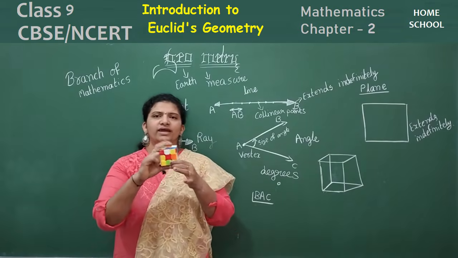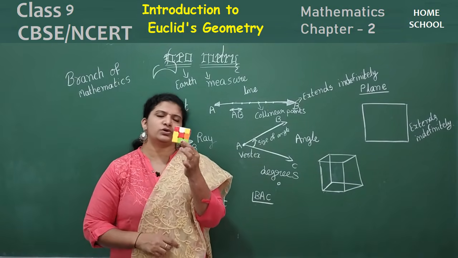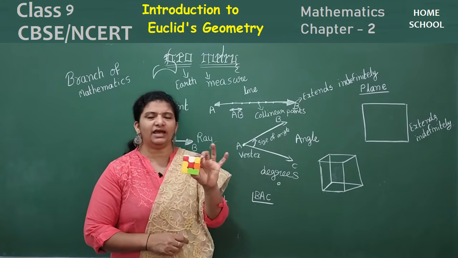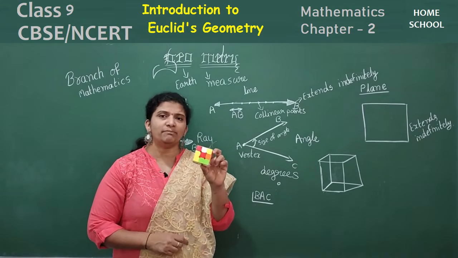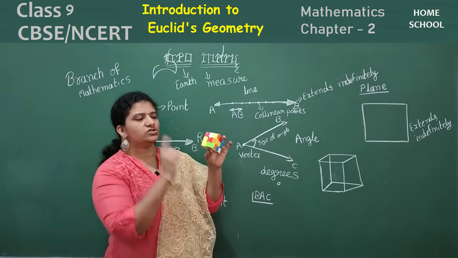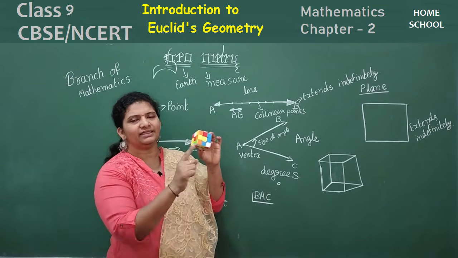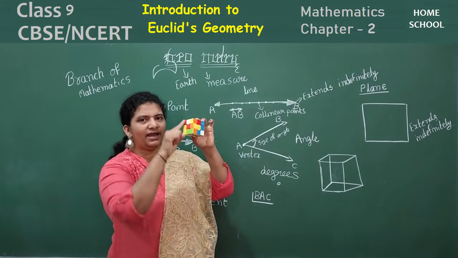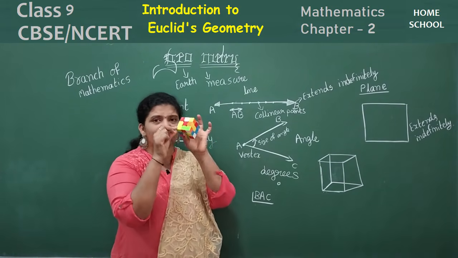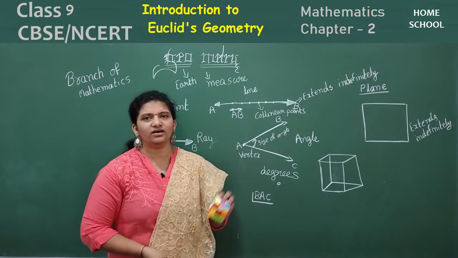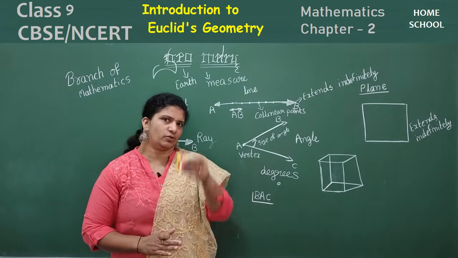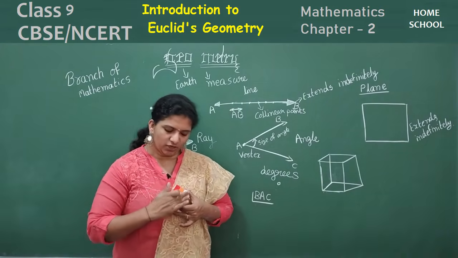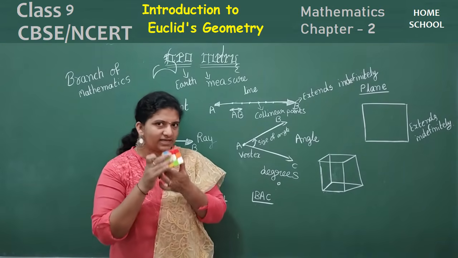Now you can see here, children, this is a Rubik's cube. So what is this cube here? It is three-dimensional. This is an example for three-dimensional. How can you say so? Length, breadth and height. It is a three-dimensional figure. Part of a plane: in this cube, look here, only this, you can see only a square.